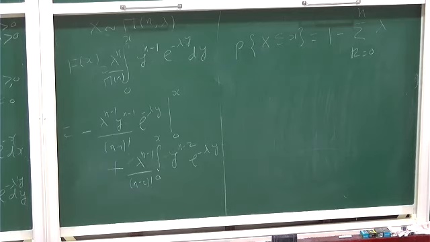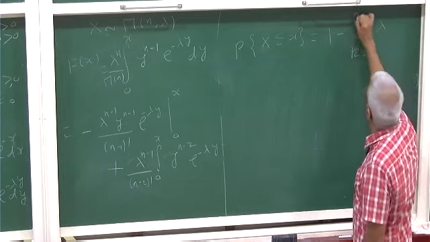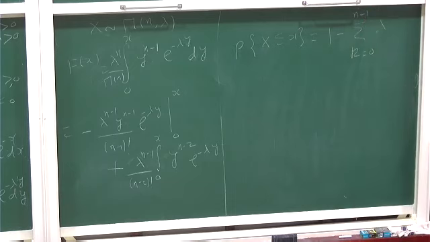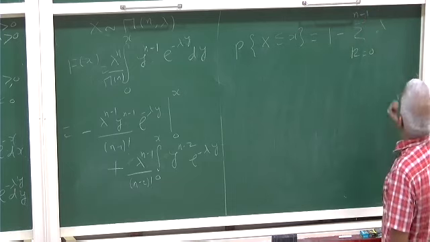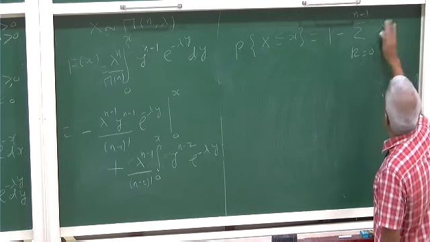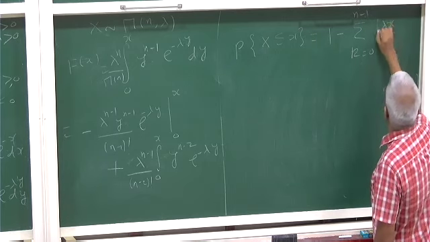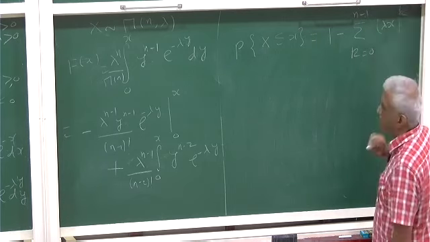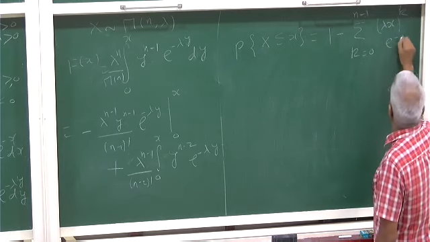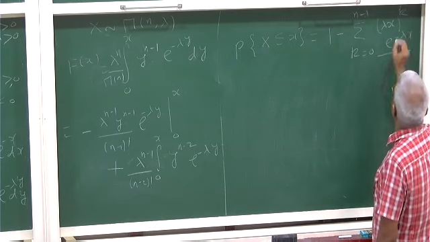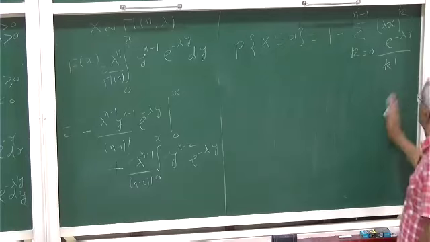Up to n minus 1 or n? Yeah, up to n minus 1, you are right. So lambda x power k, e power minus lambda x divided by k factorial.